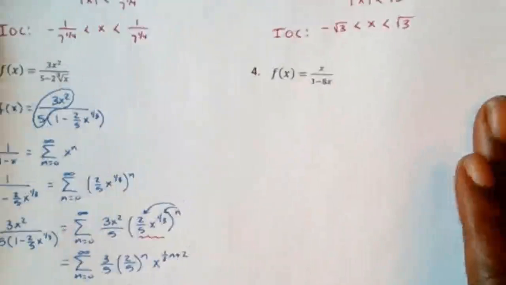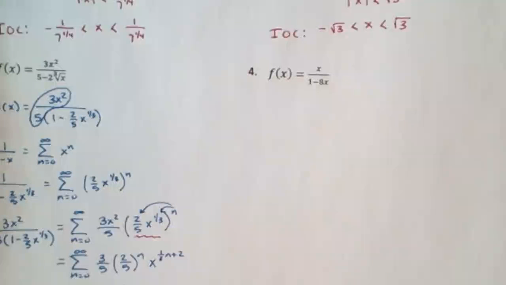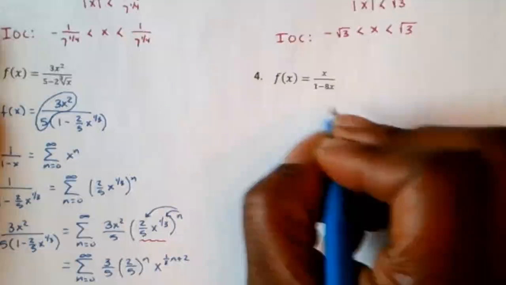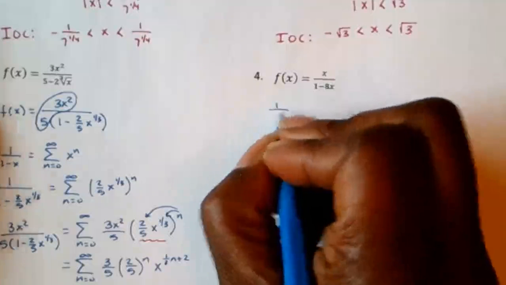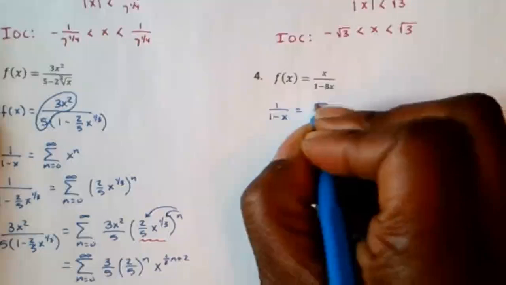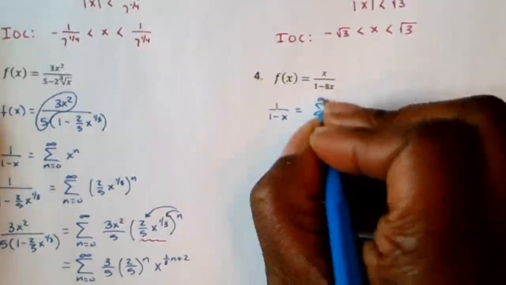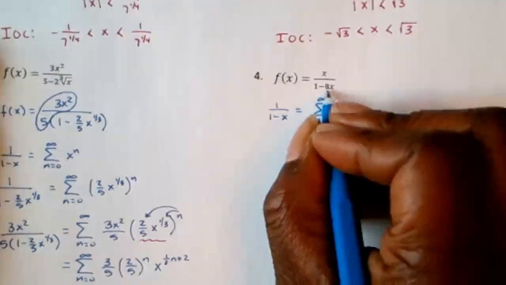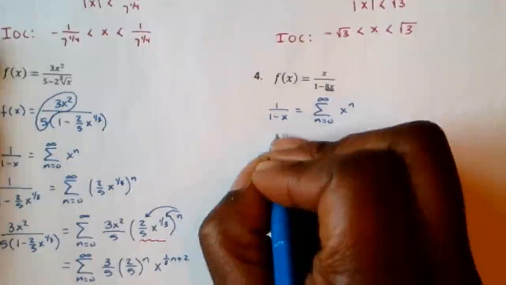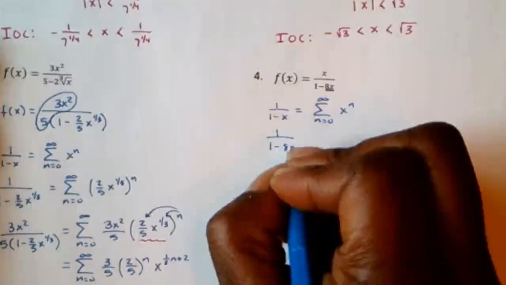Example 4 looks pretty easy because I already have the 1 in front in my denominator and I have a minus. So again, all I'm going to do is build this series out. I don't need to rewrite. So I have 1 over 1 minus x equals the sum n equals 0 to infinity of x to the n. Then I need to put in this 8x. So I have 1 over 1 minus 8x.